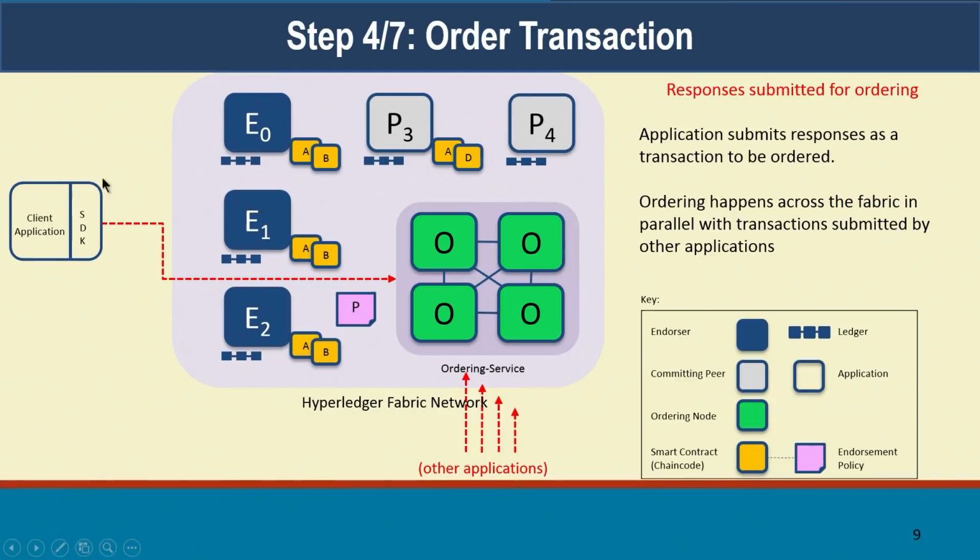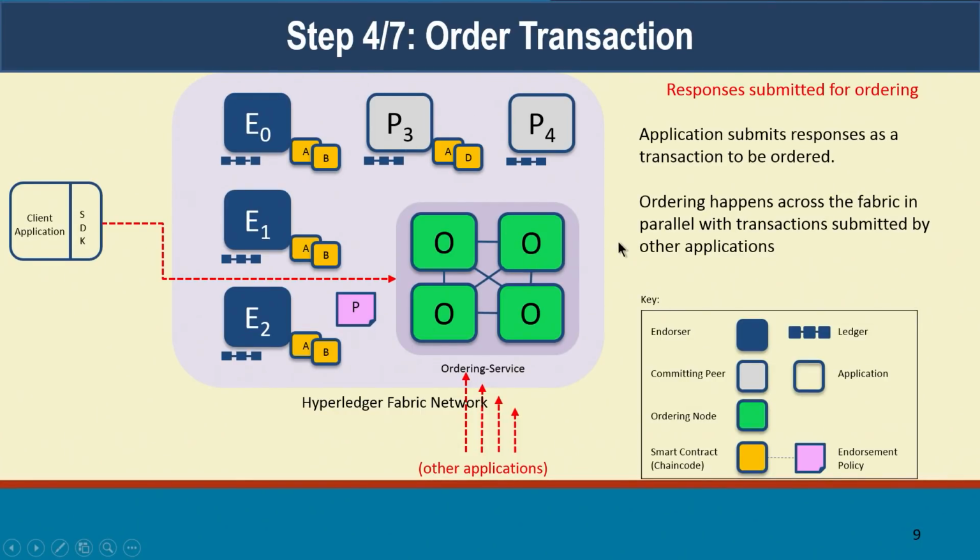Now, such submissions to the ordering service can be happening from multiple users, multiple client applications simultaneously across the network. Any one node will not know who all submitted transactions at the same time, right? It is the ordering service that will determine that.